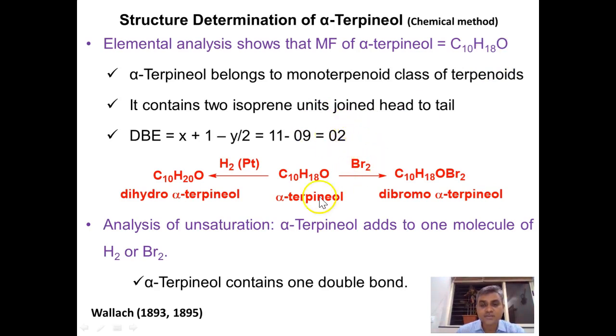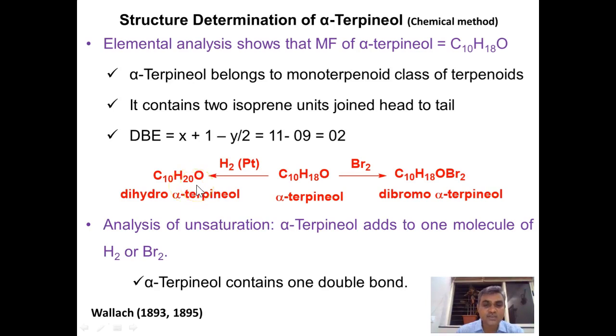Now in the coming investigations, we have to find out the nature of these unsaturations. Therefore, a simple experiment is performed here. Alpha terpineol was subjected to a hydrogenation experiment. When hydrogenation was carried out, the resulting hydrogenation product was isolated and again subjected to elemental analysis, and they arrived at the molecular formula of the hydrogenation product of alpha terpineol, which was found to be C10H20O.